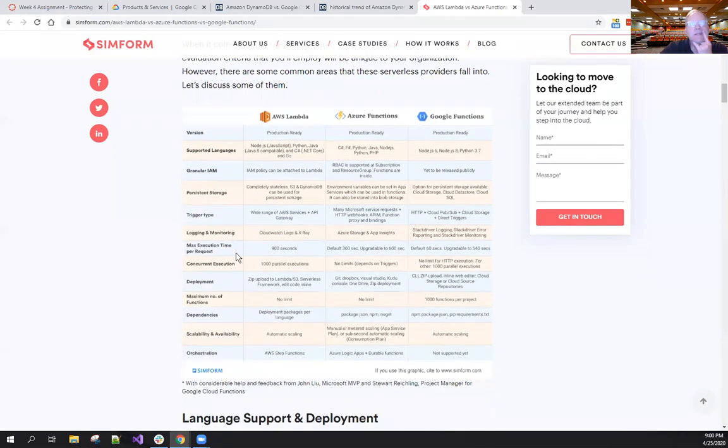Logging, CloudWatch. Oh, that's weird. 900 seconds. That's like, what? It's a long time. No limits. Deployment, zip upload.